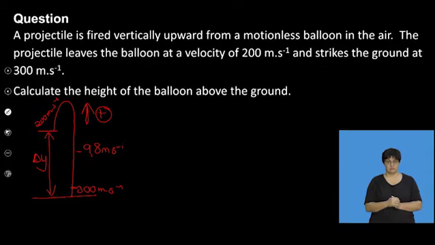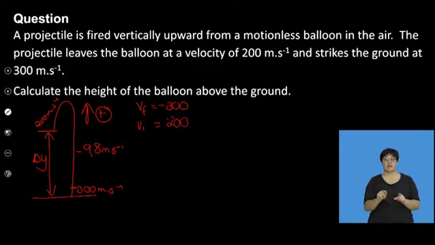Making a list of what we know is also a good idea. So my final velocity is minus 300. My initial velocity is 200. My acceleration is minus 9.8. I don't know time.